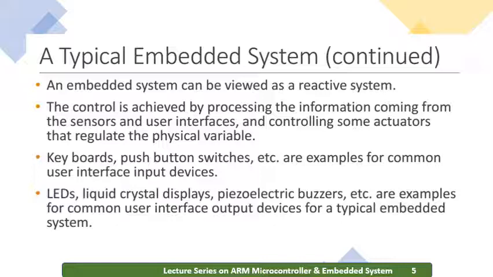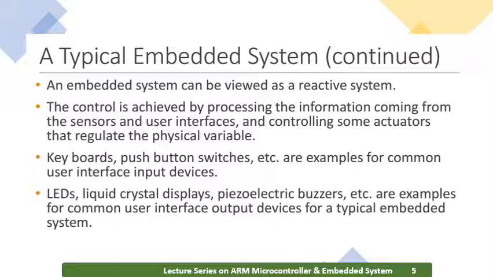Whenever I select an embedded system, it can be viewed as a reactive system. That means for every input that is generated, it has to give me an output, and it should be reacting with respect to that. So the control is achieved by processing the information coming from the sensors and user interfaces and controlling some actuators that regulate the physical variable.